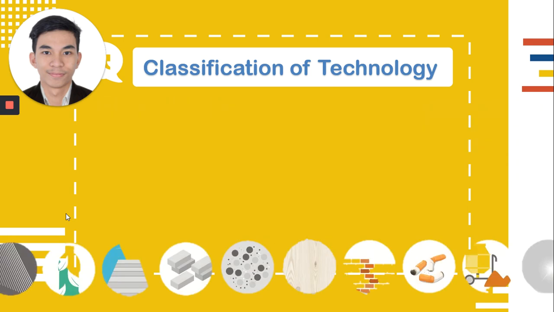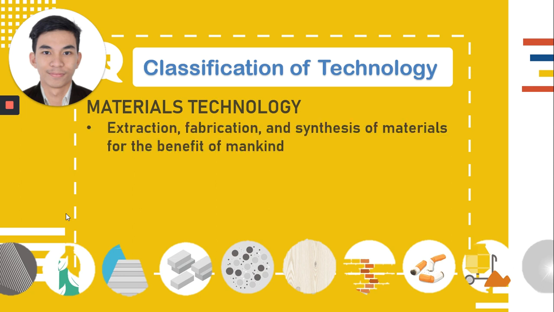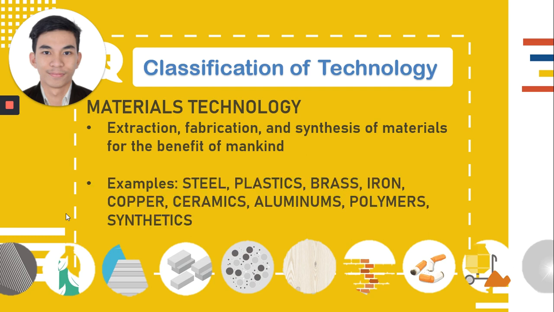And the next naman and last classification is materials technology. From the word materials, it is concerned with extraction, fabrication, and synthesis of materials specifically for the benefit of mankind. Examples are steels, plastic, brass, iron, copper, ceramic, aluminum, polymers, and synthetics. So creation of this kind of material.